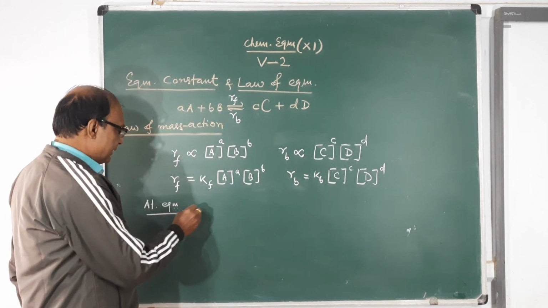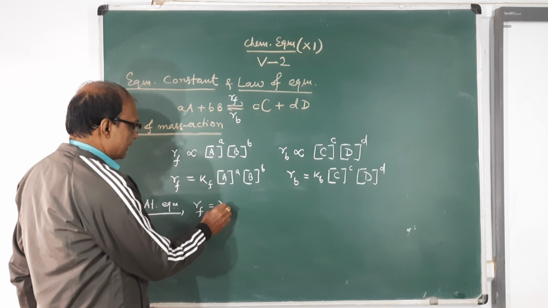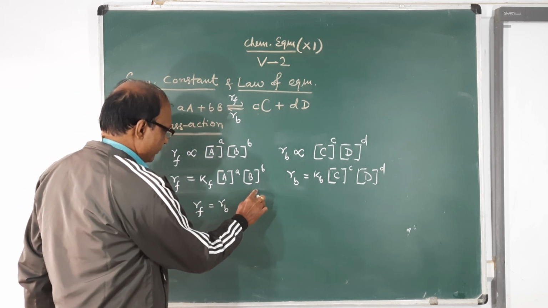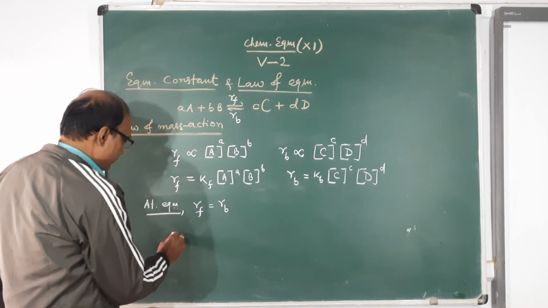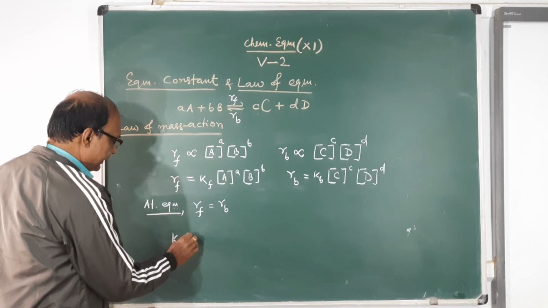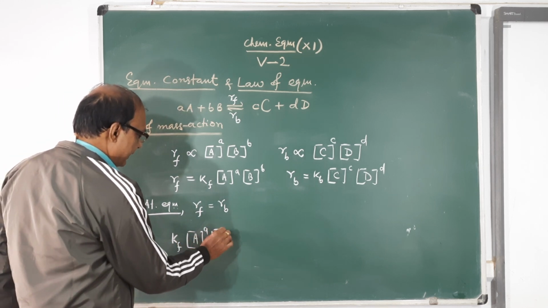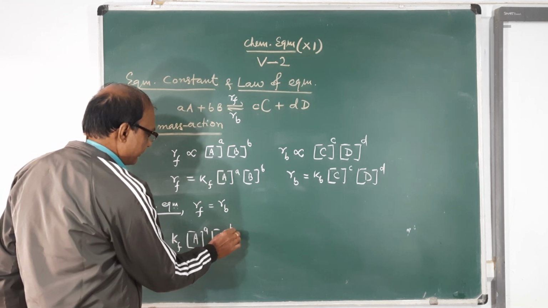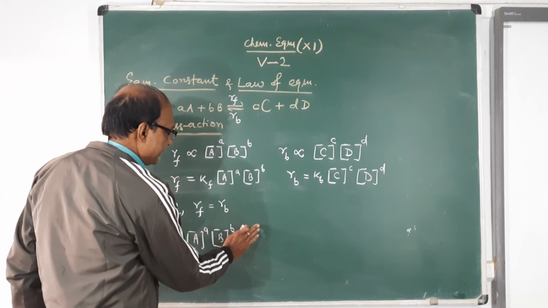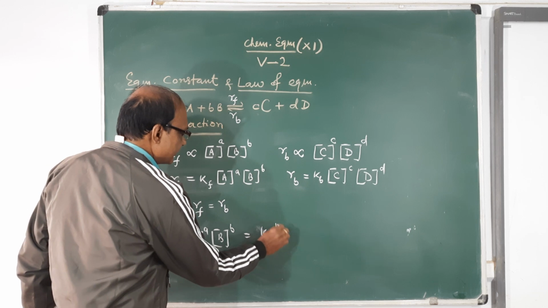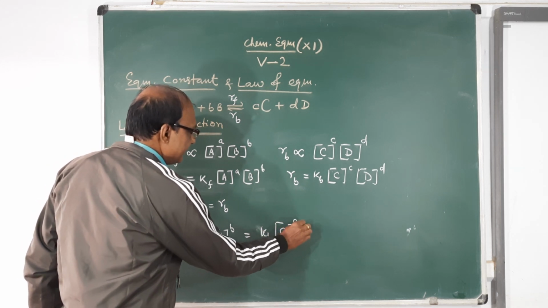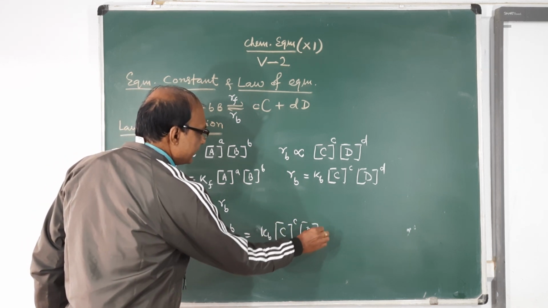So at equilibrium, Rf equals Rb. Therefore, you can write Kf times [A]^a [B]^b equals Kb times [C]^c [D]^d.